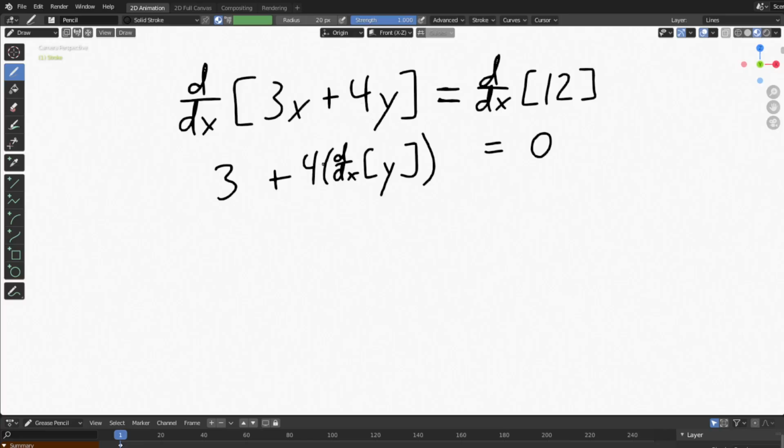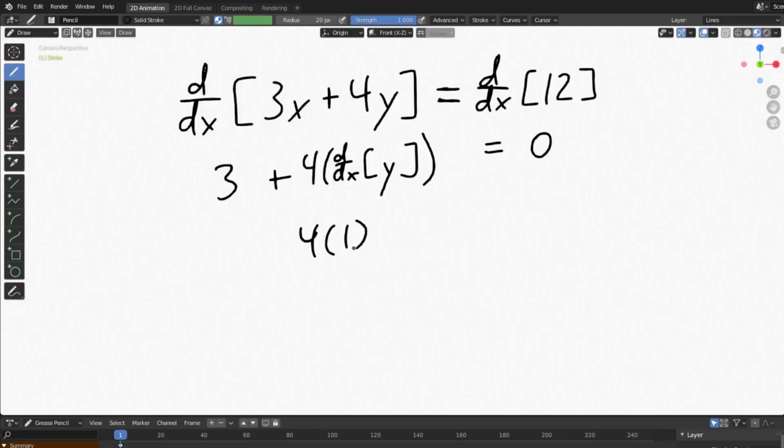The way to do implicit differentiation is that we pretend that this y is an x, just for a little bit. If this was an x, the derivative of this would be 1. But we also pretend that it's kind of like a chain rule.